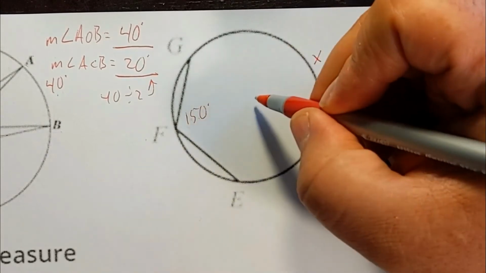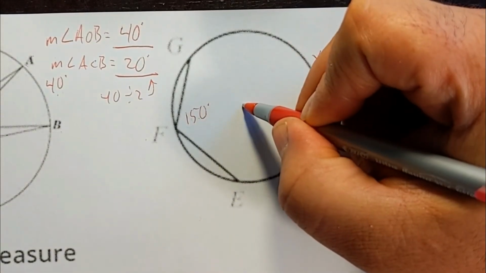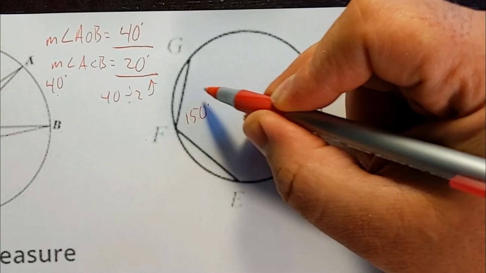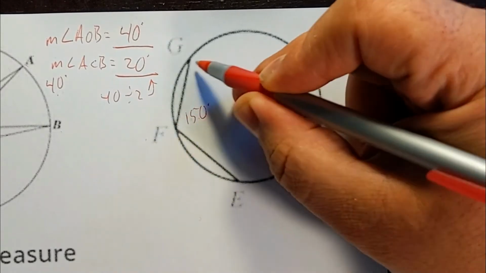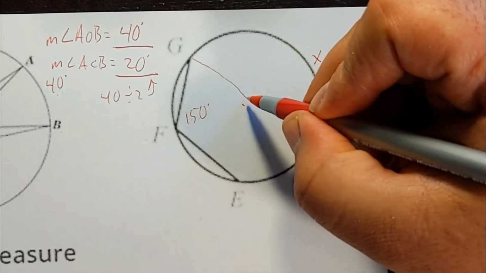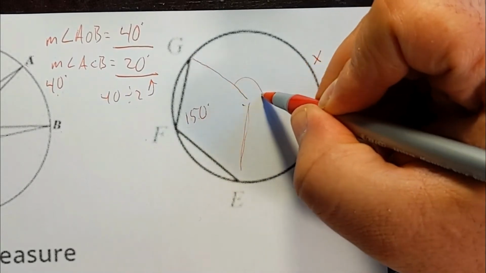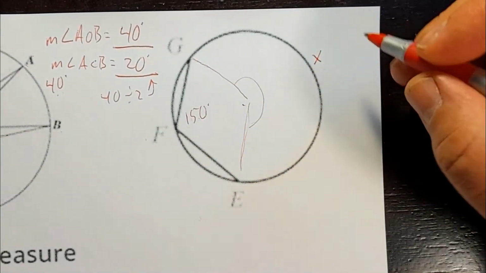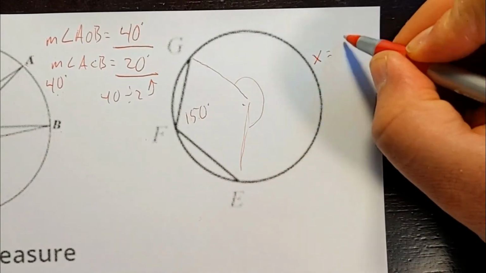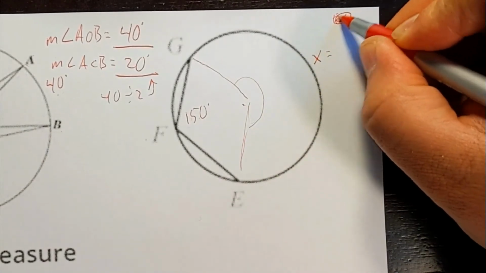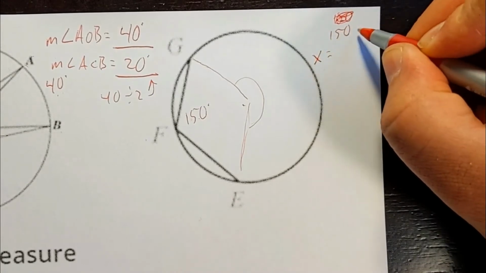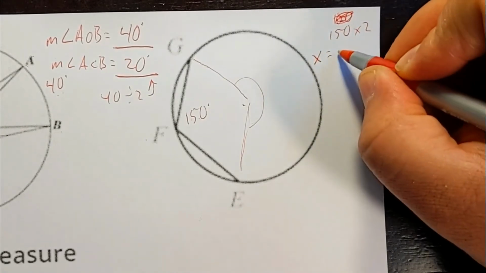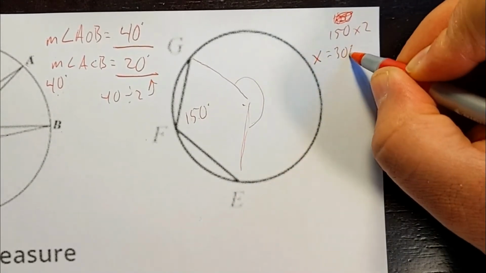If this is 150 at the center, it would have gone wider, wider, wider, and it actually would have been a really big angle, more than 180 degrees. So on this problem, you would get the 150, and you would multiply by 2, and you would get 300.